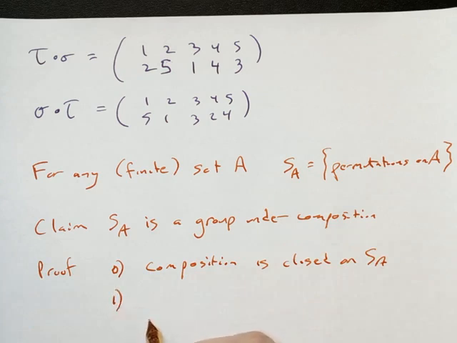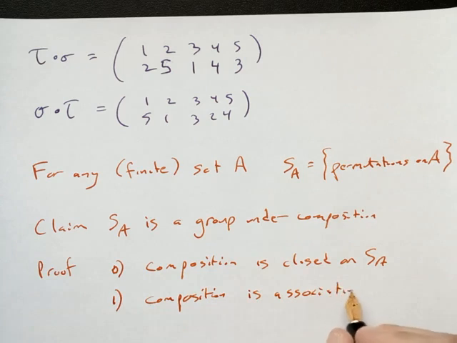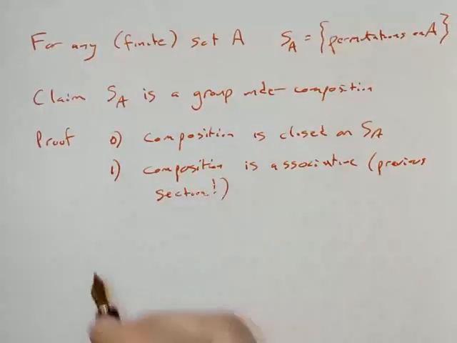And since it's composition of functions, we know it's associative. What are the two other things I need to make this a group? The identity and the inverse.